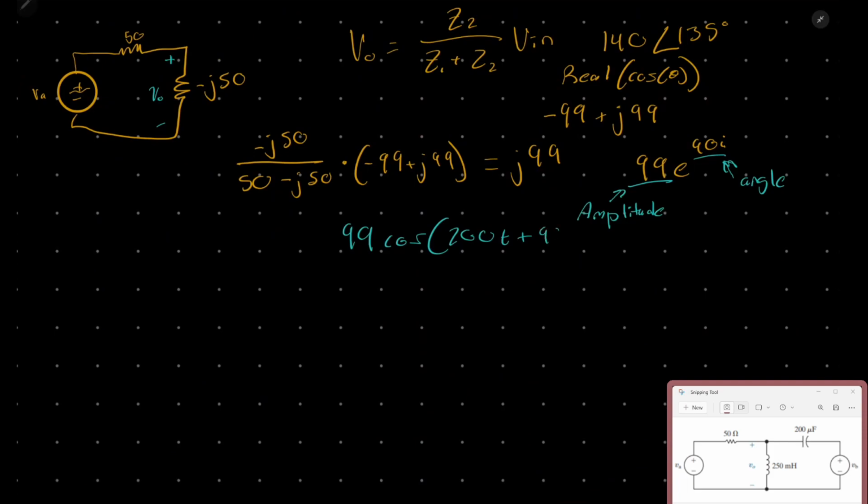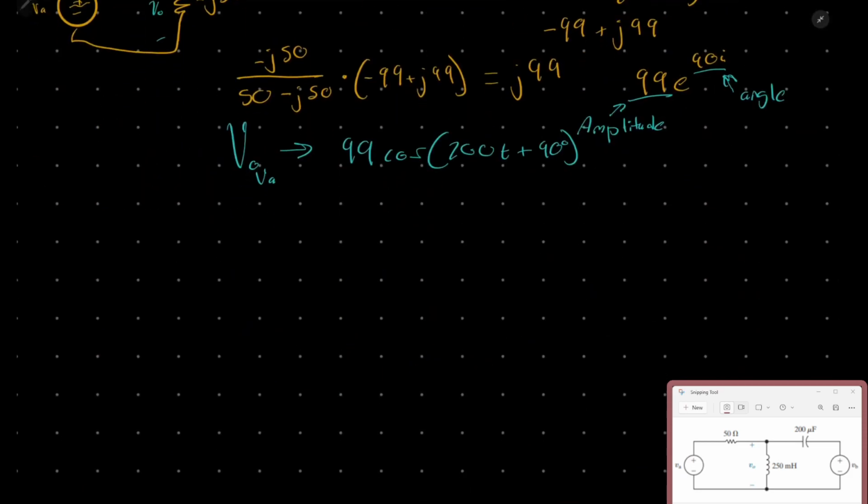So plus 90 degrees. And that is our answer for VA. So we'll just put V with A as a subscript. So that's our answer for this one.